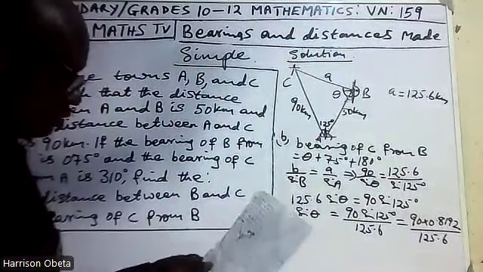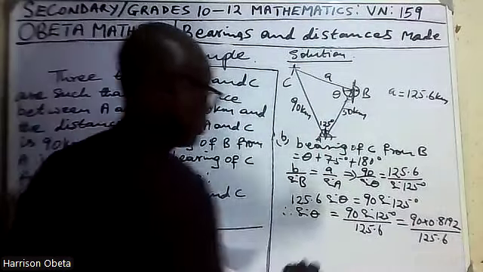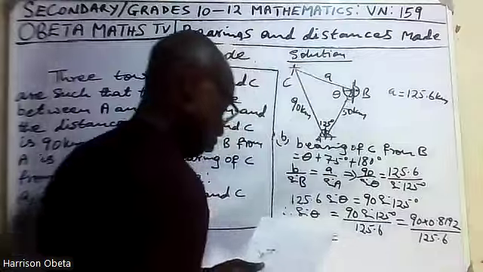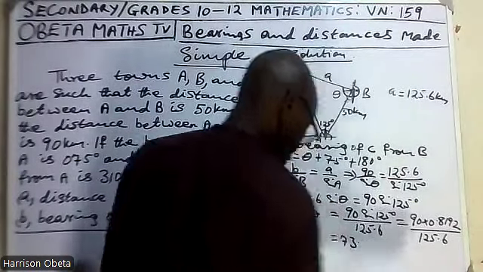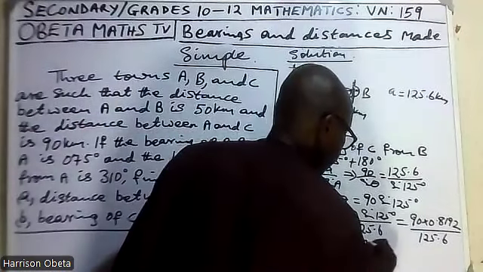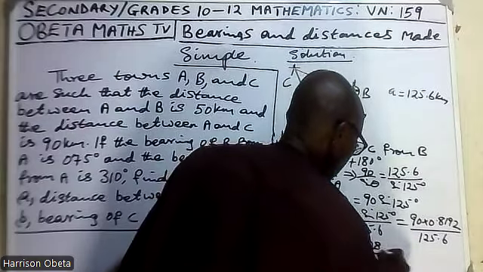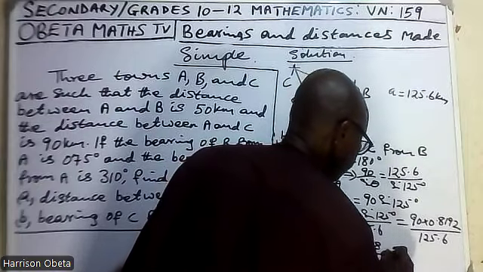If you carry out the multiplication, that will lead us to 73.728 all over 125.6.